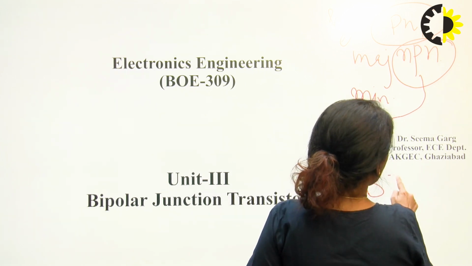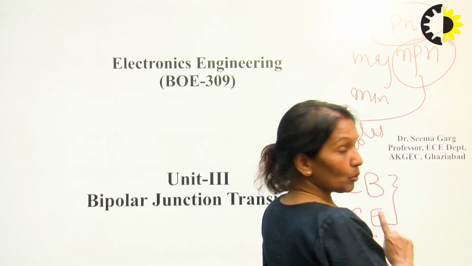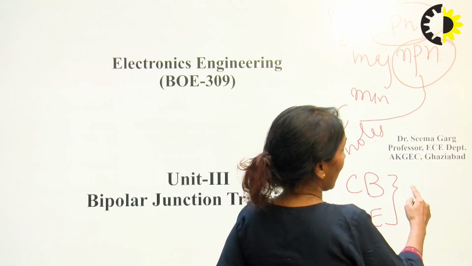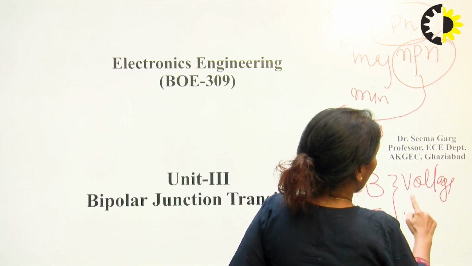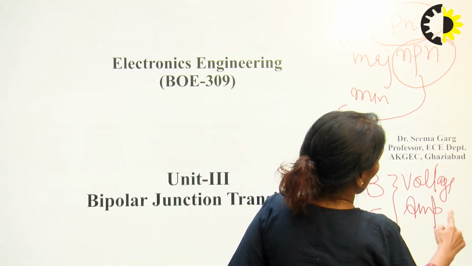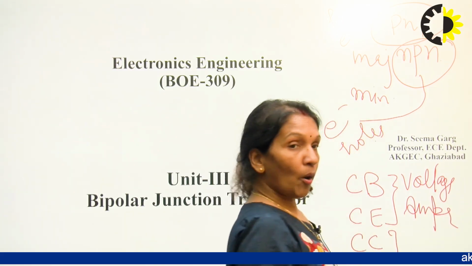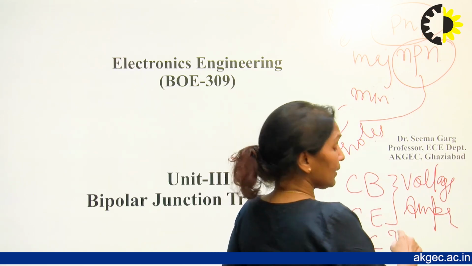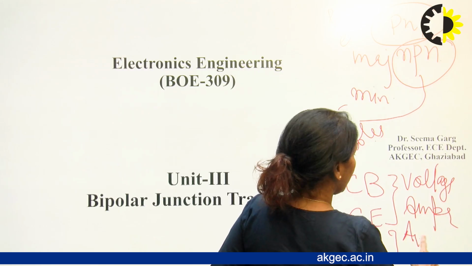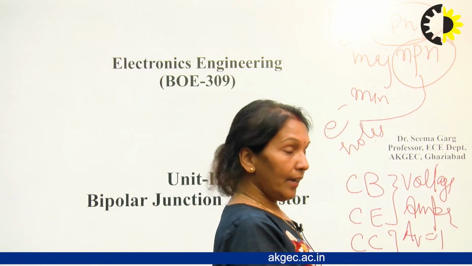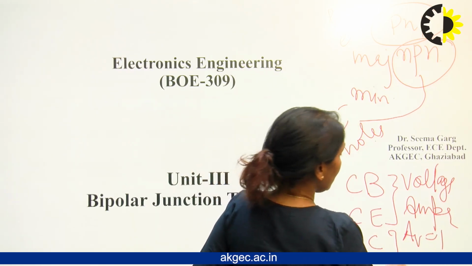Common base and common emitter are used for voltage amplification, as voltage amplifiers, whereas common collector is also termed the emitter follower. It has a voltage gain of unity and is used as a current amplifier.